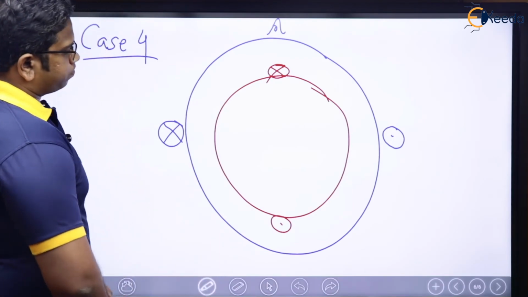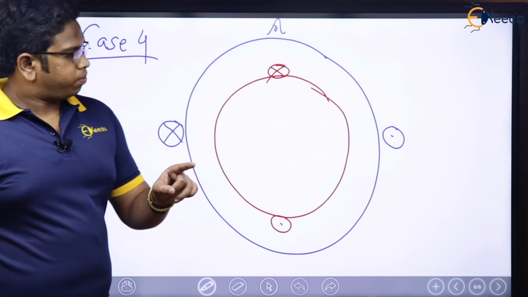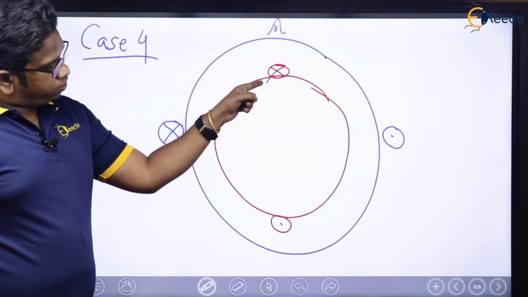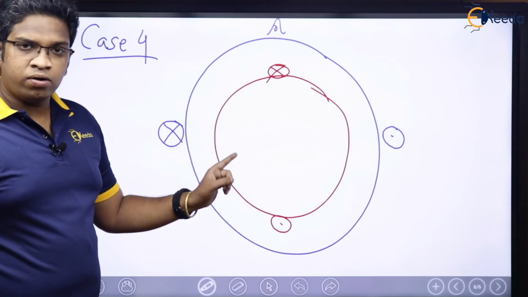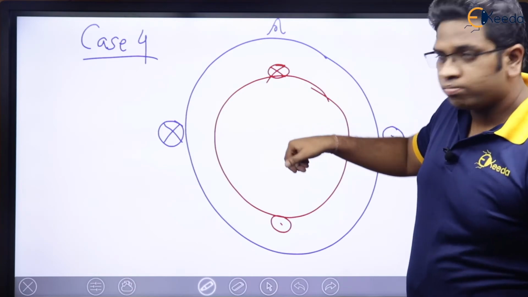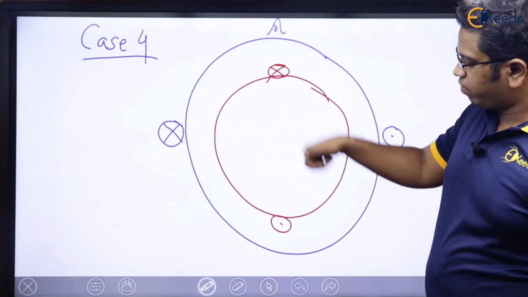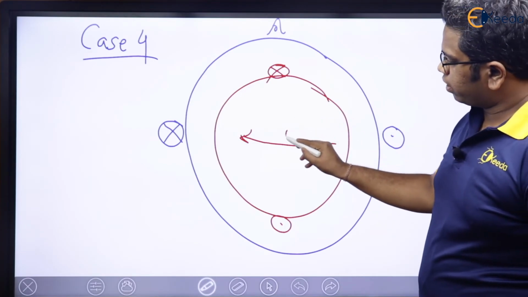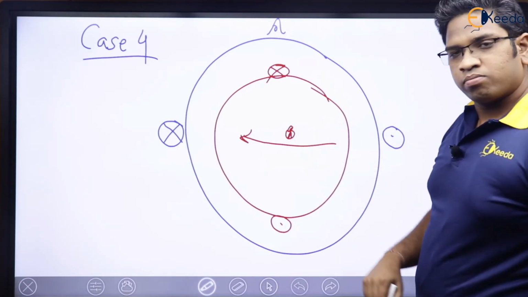Now what is happening? Let us talk about the rotor flux first. Here we have cross, here we have dot current, which means current is flowing in this direction like this, which means flux is like this. Now it is a rotor, so the rotor has to be shown with a shaft key.